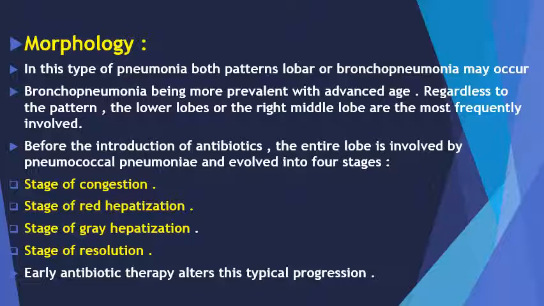Before the introduction of antibiotics, the entire lobe was involved by pneumococcal pneumonia, and it evolved into 4 stages. The patient passes through 4 stages of the disease: congestion, red hepatization, gray hepatization, and finally resolution.